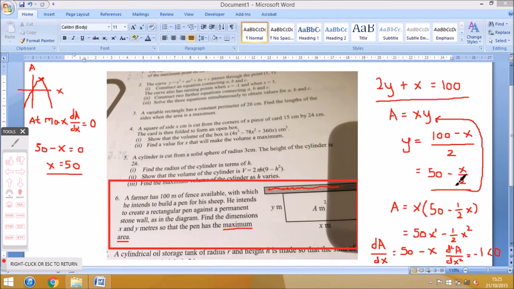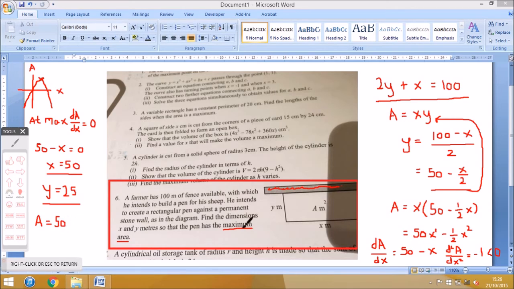We know the x value has to be 50 in order to maximize the area, so y is going to be 50 − 25, because x over 2 is 50 over 2, which is 25. So when x is equal to 50, y is equal to 25. And those are the two values which maximize the area of this rectangular pen.